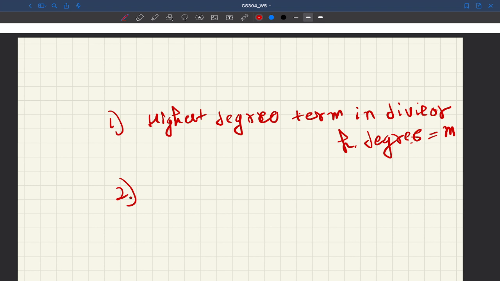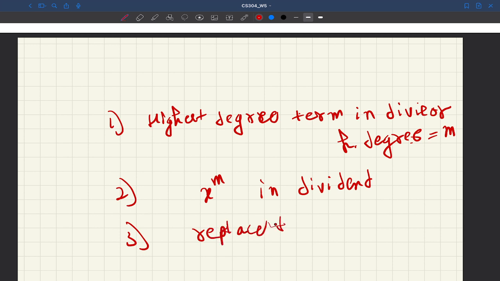Step 2 is look for x raised to power m, that highest degree, in the dividend. If you are able to spot it in the dividend, then step 3 will be to replace that x raised to power m with what?